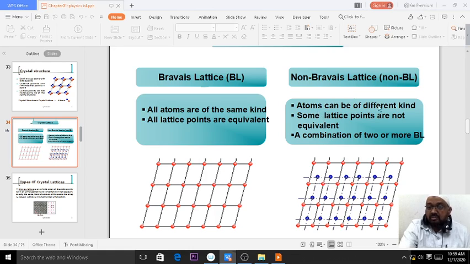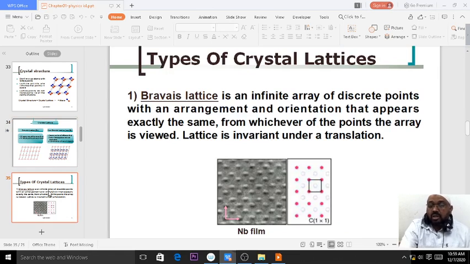Atoms can be of different kinds, and some lattice points are not equivalent. This combination of two or more comes under the category of non-Bravais lattices. So this is the assumption that you have made.